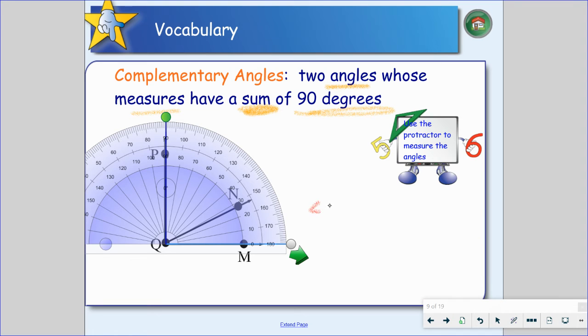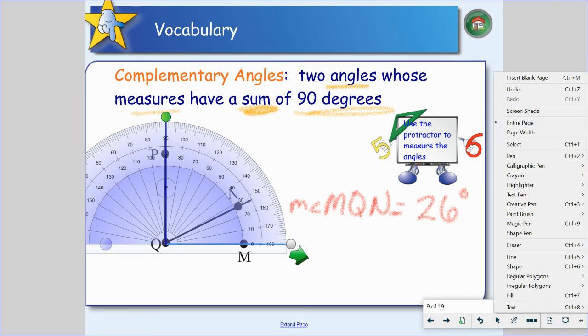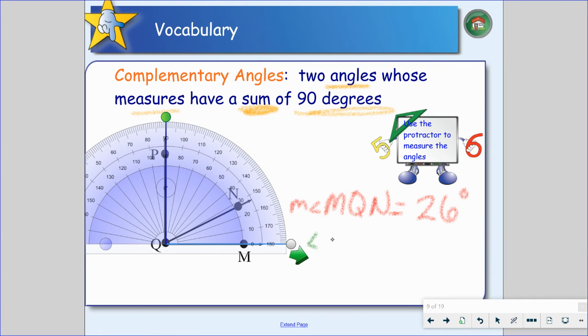So if the measure of angle MQN is 26 degrees, sorry I used crayon there, no idea why I did that, but let's stick to the theme, huh? Then angle NQP, in order for those to add up to 90, would have to be 64.